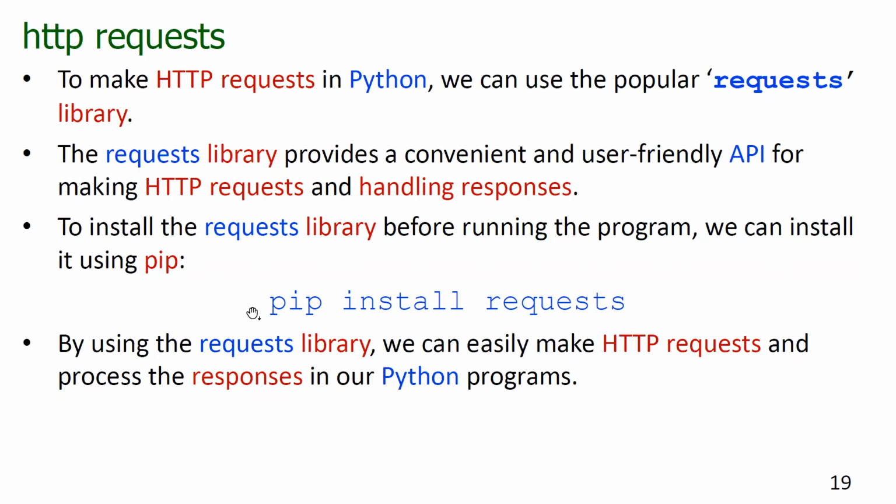If you are using Python IDLE, you can go to the command prompt. In the command prompt, you can use this statement to install the requests package using pip: pip install requests. So for any package you use in your program, if it is not already installed, you can use pip install followed by your package name.